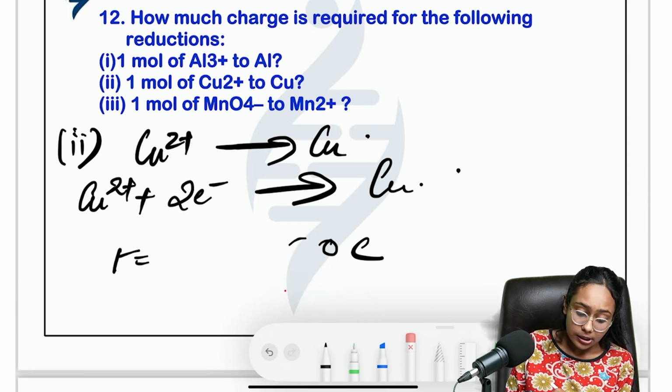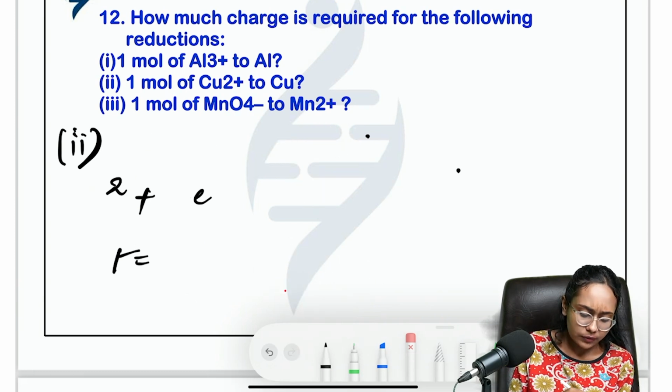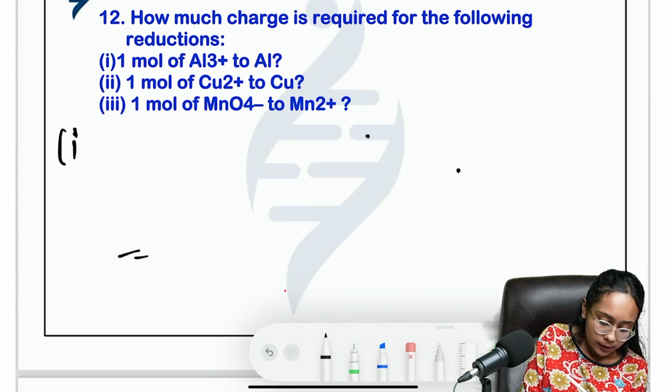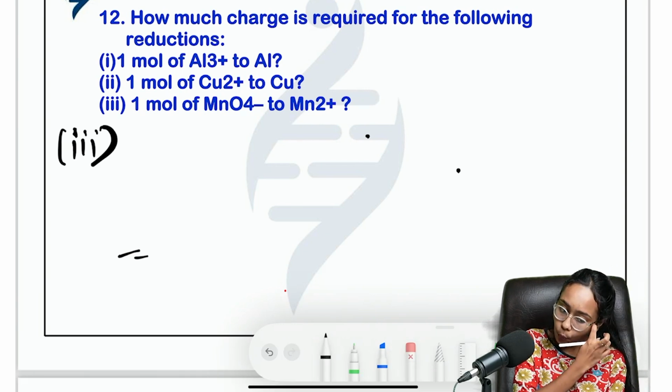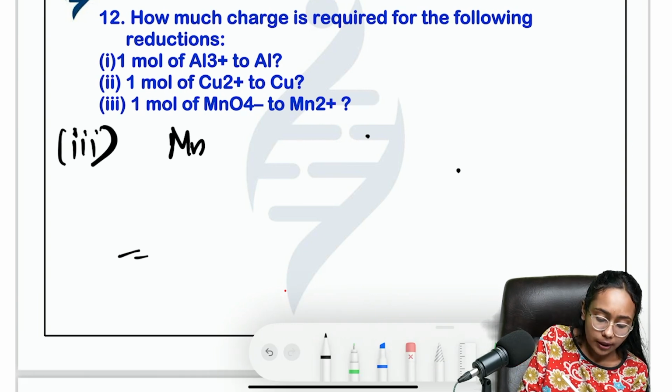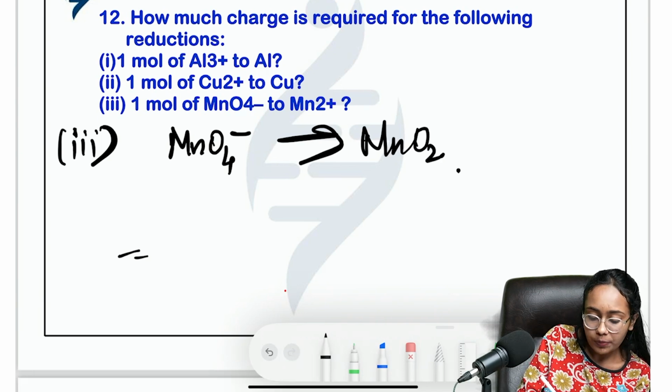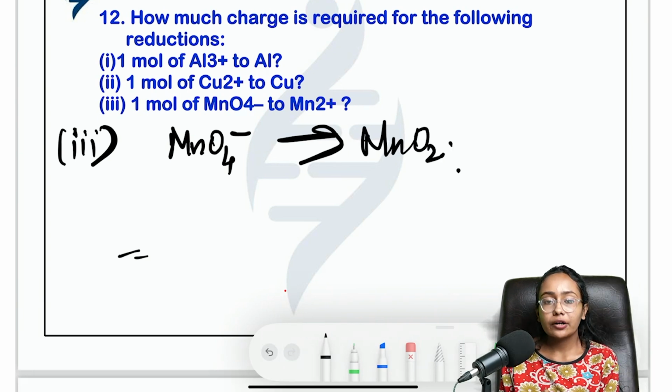Moving on to the third sub question. It's a bit different from the previous two. 1 mole of MnO4- gets reduced to MnO2. We are unaware of the state of Mn, right?